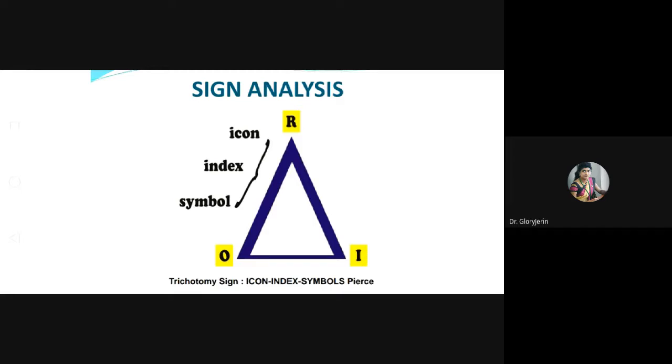This is O, object, R, representamen, I, interpretant. Representamen R is the sign itself. In this case, the perfume bottle is the representamen.